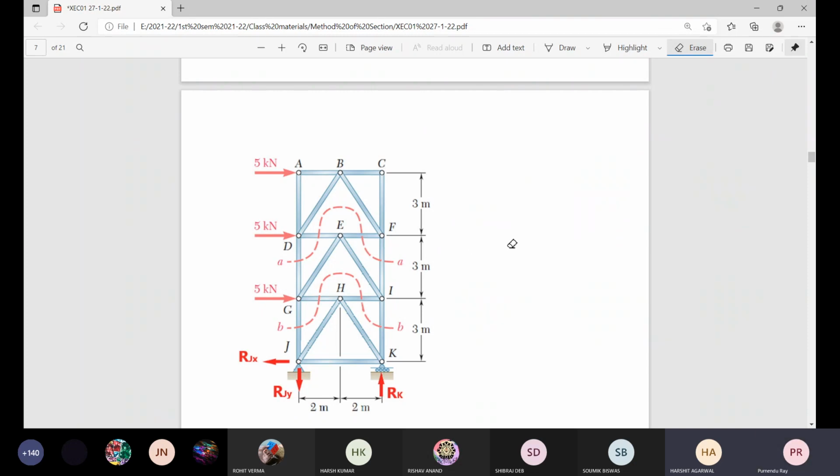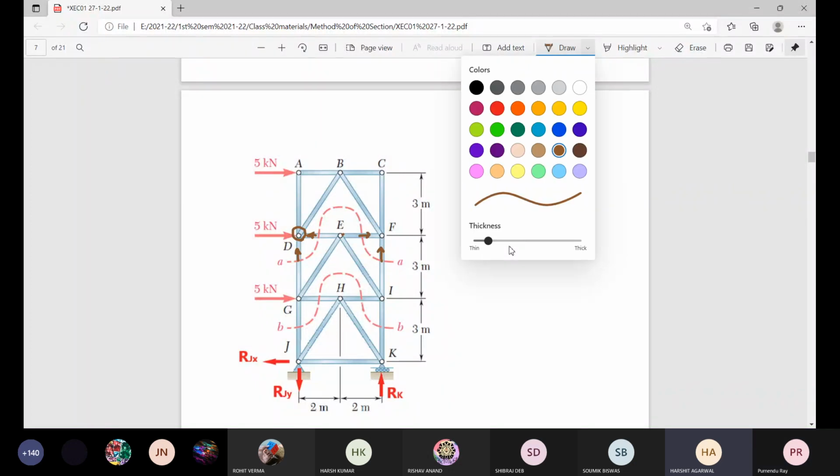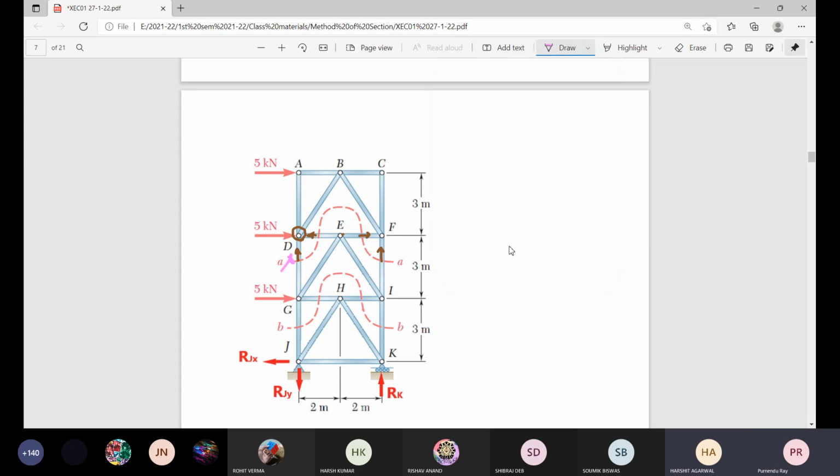And for this particular situation, if we consider this point D as moment center, then these are the four forces to determine, but this one and this one are directly eliminated because this point D is the point through which these three lines of action are passing.